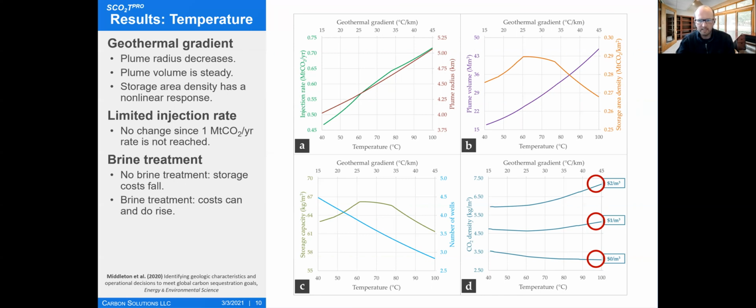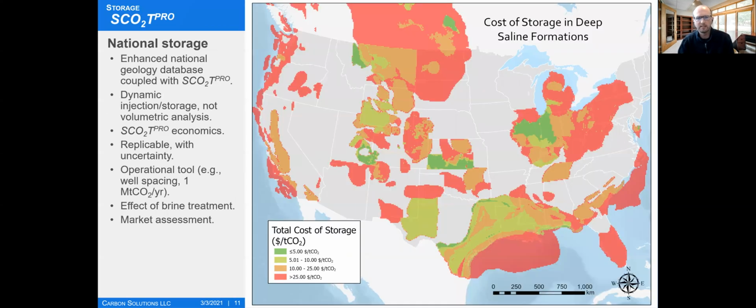If you have to treat that water, and you can see where we just added on a hypothetical $1 or $2 a cubic meter to treat that brine, the costs go up. So again, this is the idea that once we can capture the physics, the dynamics of injecting and storing CO2, we can couple that to economics, we start to see some novel things. And so whether you treat the extracted brine or not has a really big impact on whether geothermal gradient is a good thing or not.